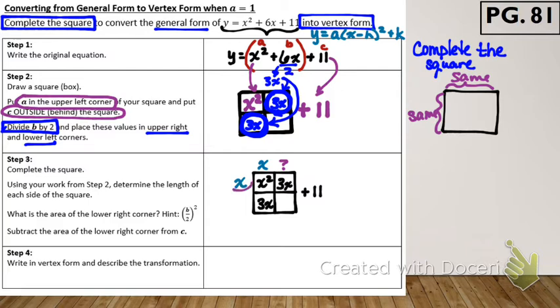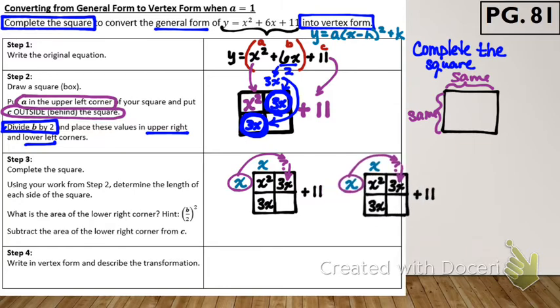Whatever goes there, I would take x and multiply it with that to get 3x. 3 goes there, yes. So I'm going to have a 3 on the outside.